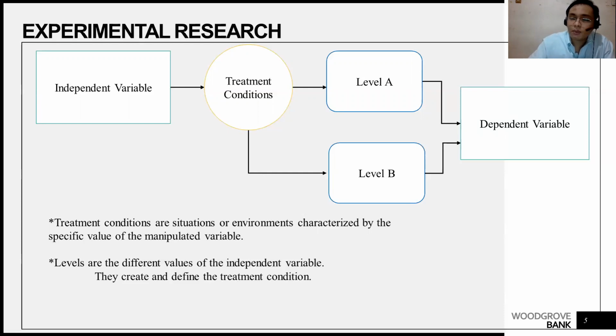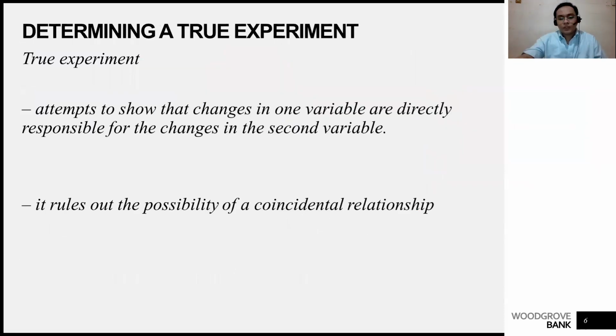So here is the determining of a true experiment. Okay, in the process of the experimental research strategy, we already know the two goals, and we know that the independent and the dependent variables are essential in the strategy.